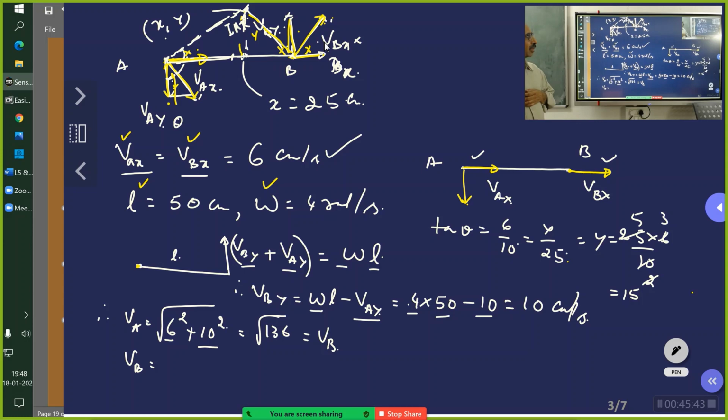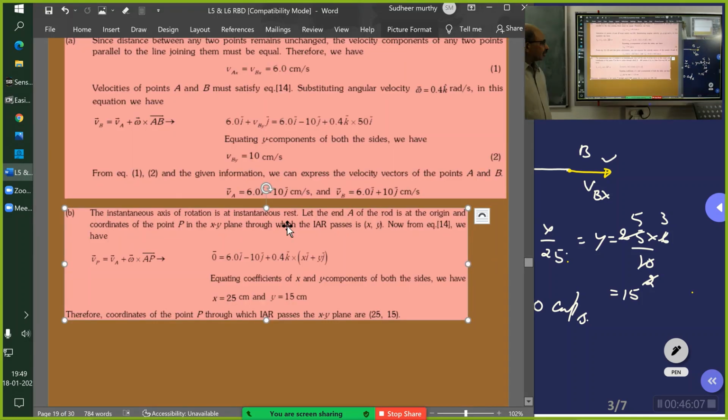When we take that, then you will get this angle, and then you have to take tan of 90 minus theta. So you should not take this. This angle will be equal to this angle. Sorry, this angle will be equal to this angle, and this angle will be 90 minus this angle. Right? Fine.